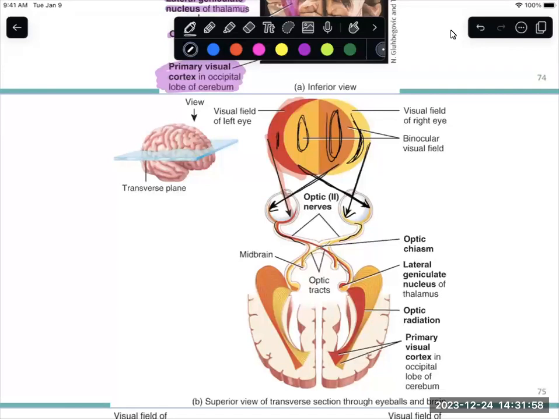So what we are seeing in this visual field is going to travel back to the opposite side of the brain. What we're seeing on the left side of the eye is going through to the right side of the brain. So what we're seeing is going to the opposite side of the brain.